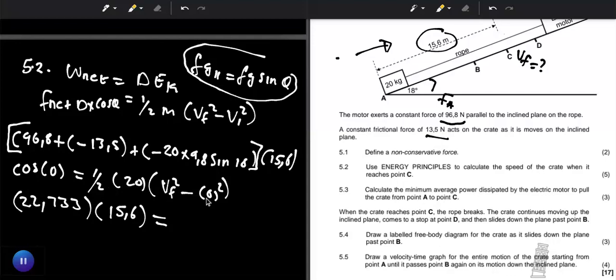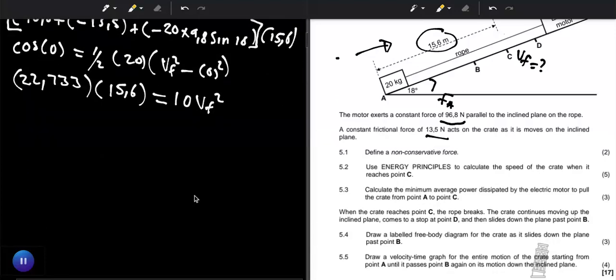Equals to, when you punch this it will be 0, which means we're only going to say 1 over 2 times 20 is going to give you 10. And only here we're going to be left with VF squared. Okay, and therefore we're just going to divide by 10.